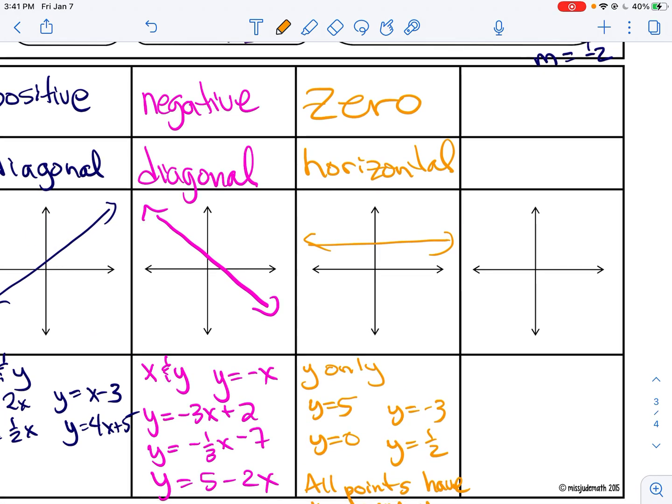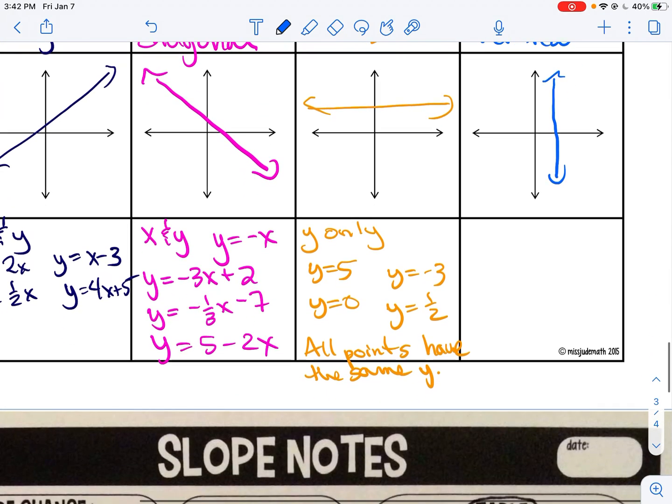And then last but not least, we're going to make it this one. This is if we have an undefined slope. And this is going to be a vertical line. This will be x only. So x equals 4, x equals 0, x equals negative 1/2, x equals negative 6.